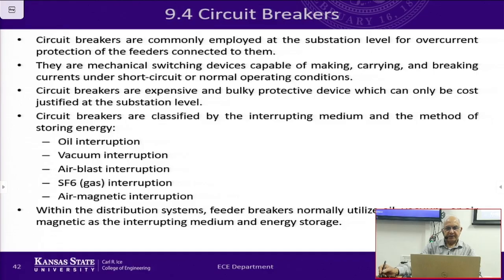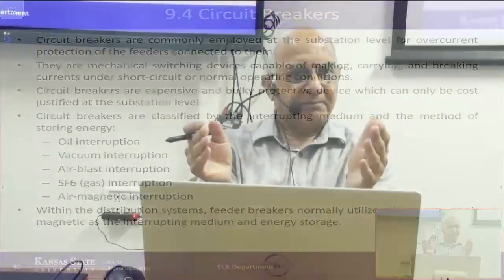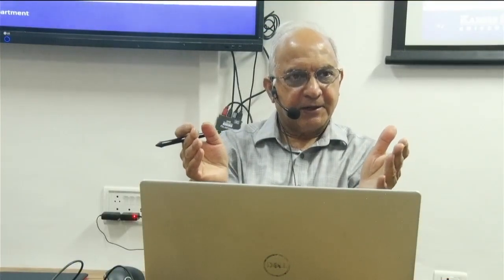There are different types of circuit breakers. When the circuit is interrupting, it creates a lot of arc, and that arc has to be extinguished. To extinguish the arc, we have to have some medium. That medium could be any kind, and typically oil is one option.